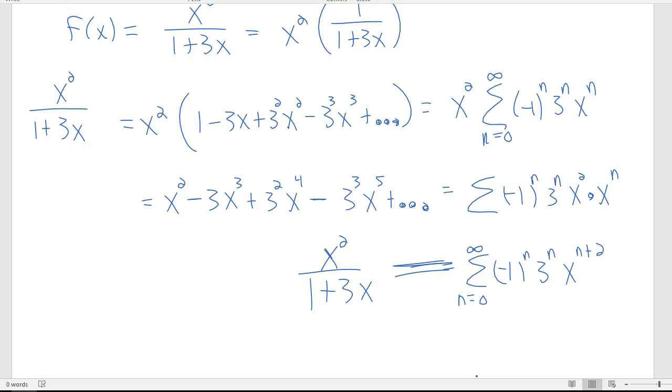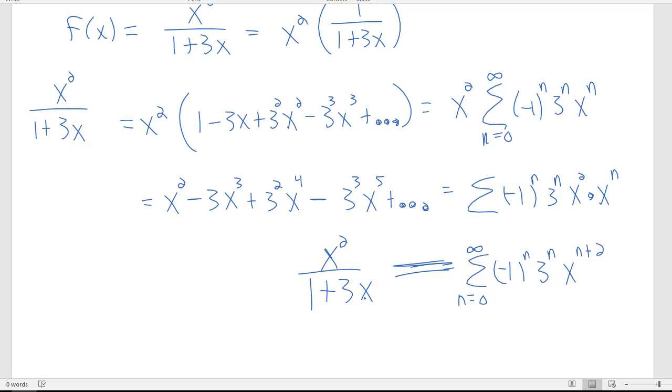Now, there's another way that we could produce a series from a known function, and it's a derivative. So if we stop and look at this example here and then discuss this for a minute, and we'll move to another example. Look at my function x squared over 1 plus 3x. Can I take the derivative of that function? Absolutely. If I'm going to take the derivative of the function x squared divided by 1 plus 3x, I'm going to do the quotient rule, and I can find the derivative of that function.